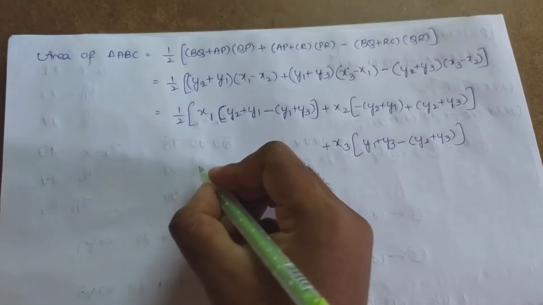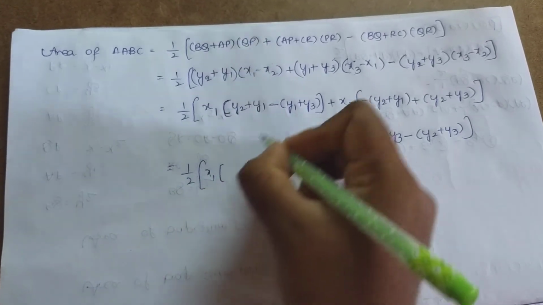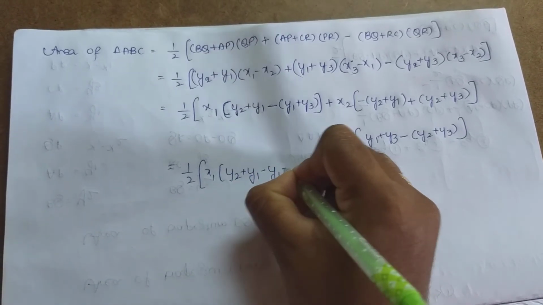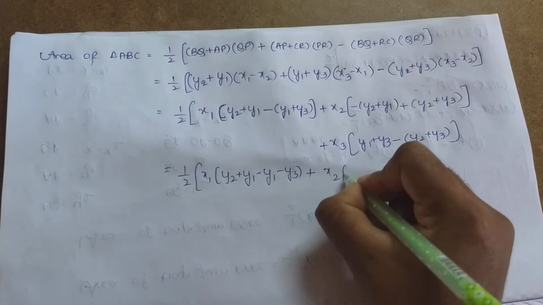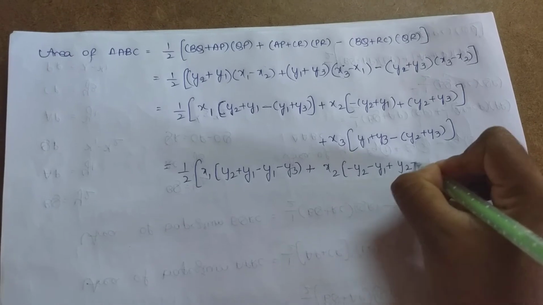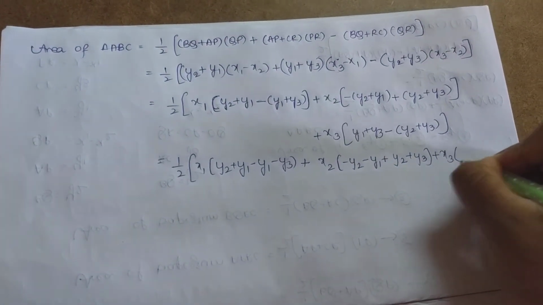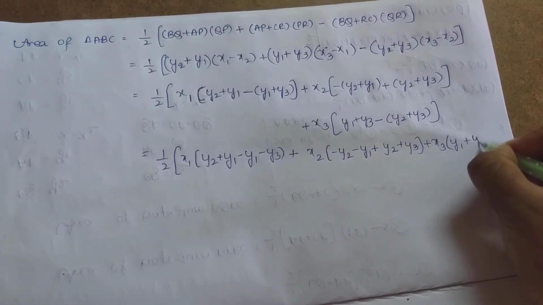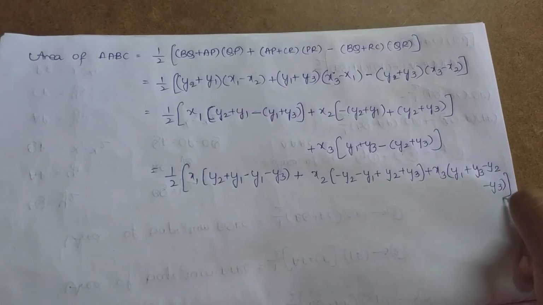So let's simplify this. 1 by 2 into x1 into (y2 plus y1 minus y1 minus y3), again plus x2 into (minus y2 minus y1 plus y2 plus y3), again plus x3 into (y1 plus y3 minus y2 minus y3), correct?